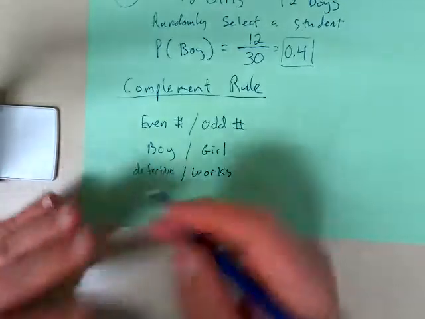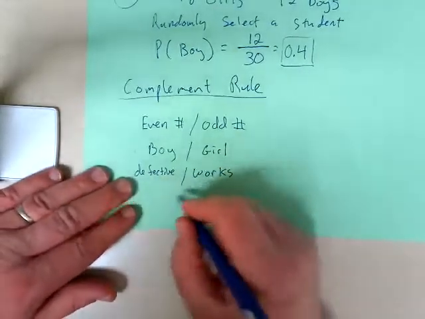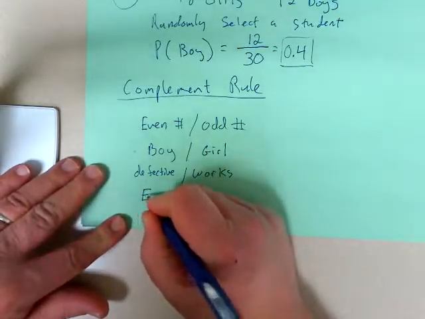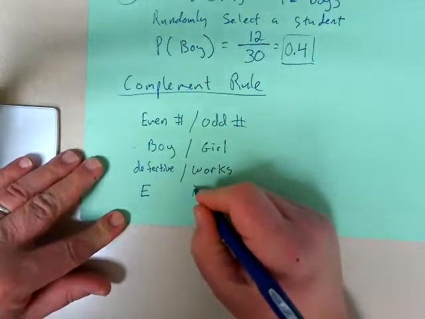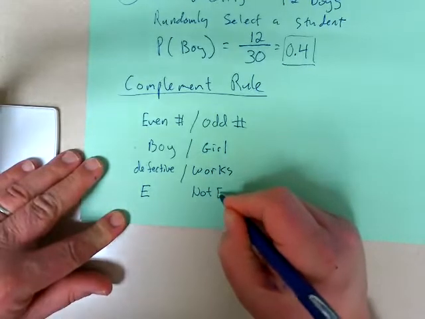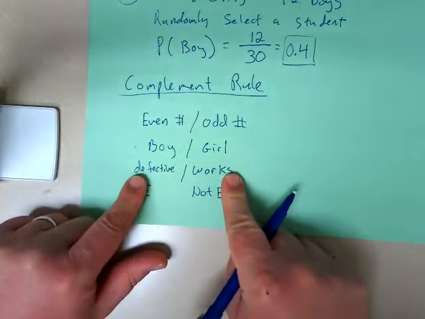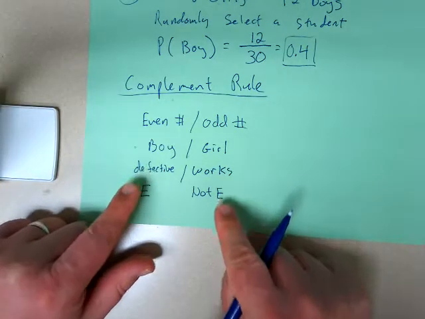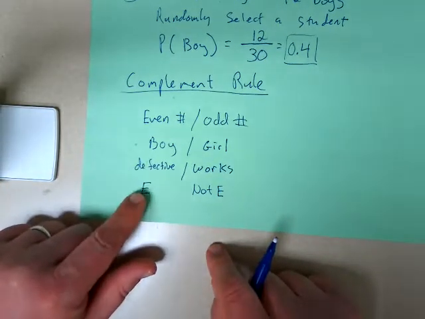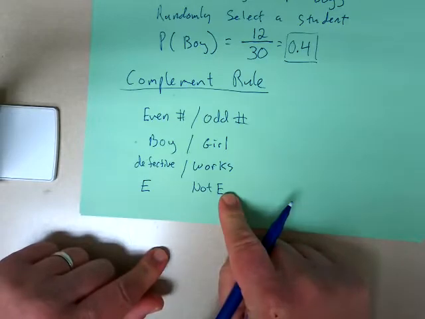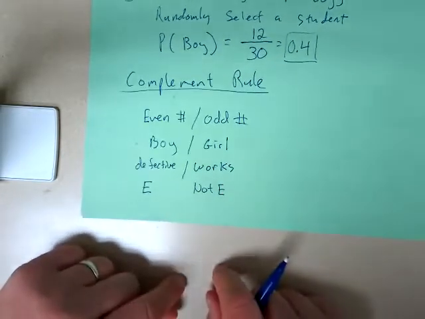Okay, and so oftentimes you're dealing with 2 complementary events. And so for the sake of notation, you can call either event E. Okay, and then the other event would be not E, because if when you perform the experiment one or the other has to occur, then either E is going to occur or E is not going to occur, in which case the other one occurs, right?